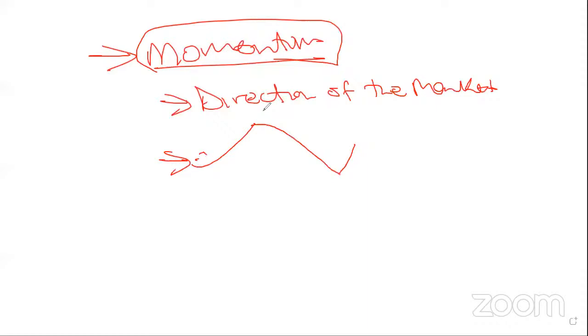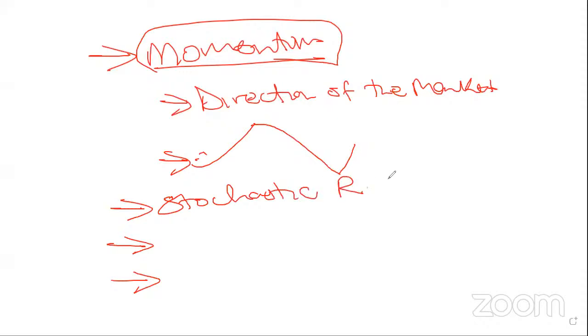Is the market momentum onto an upward movement? Is the momentum of the market to a downward movement? In this type, we have so many, but basically we could put our effort and our time on three of them. One is the relative strength index, or we could shorten it to the stochastic RSI, the stochastic relative strength index.